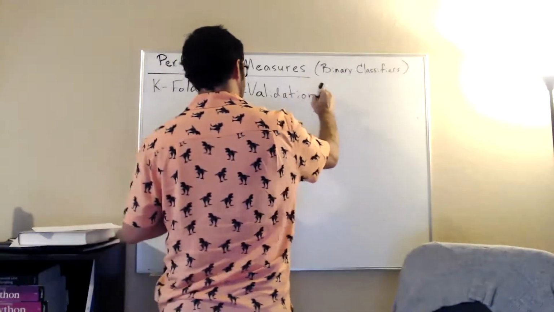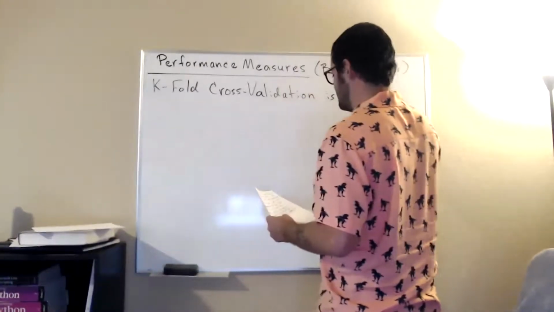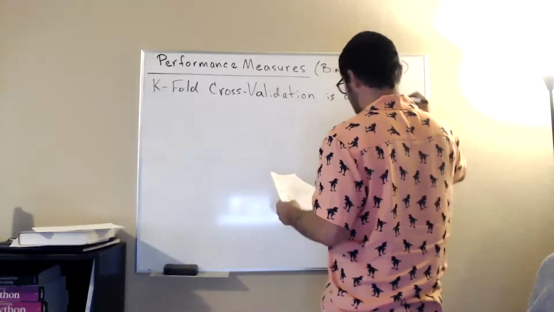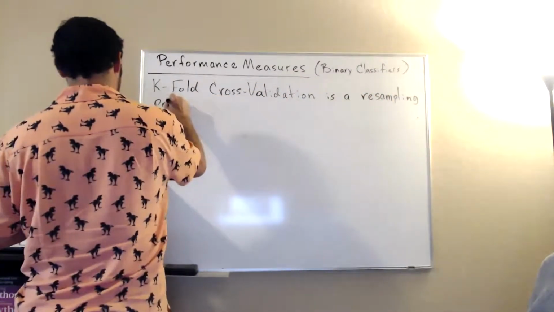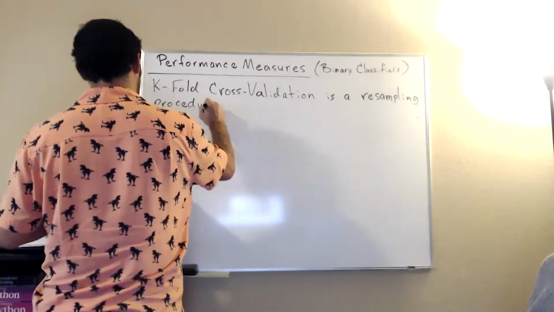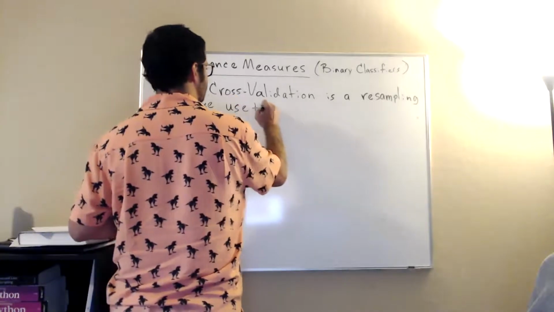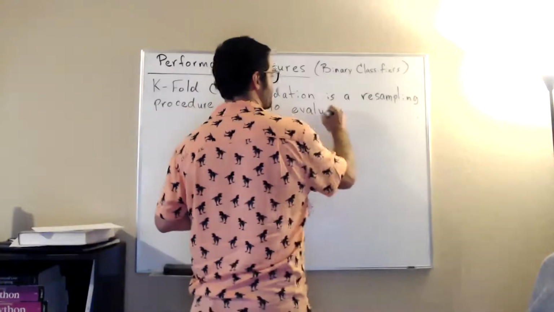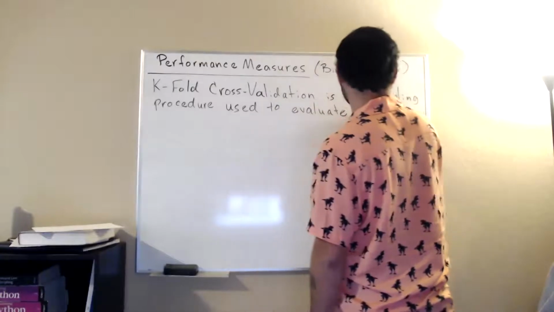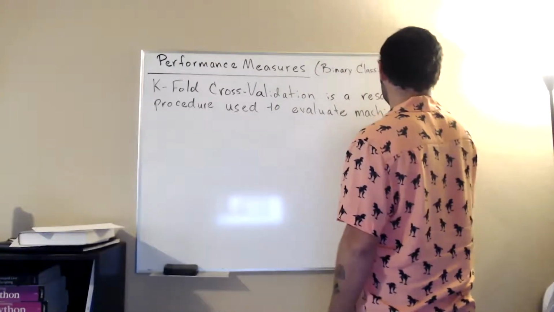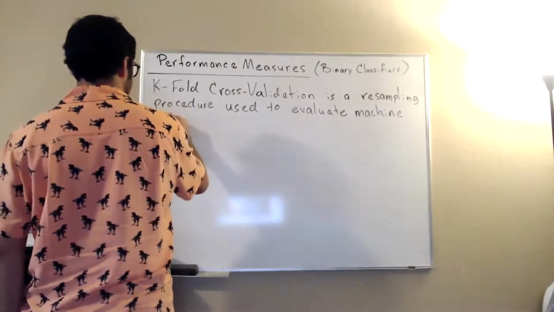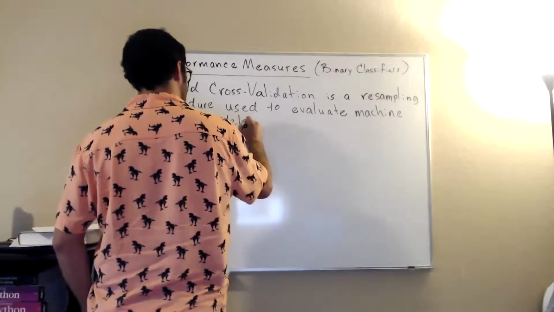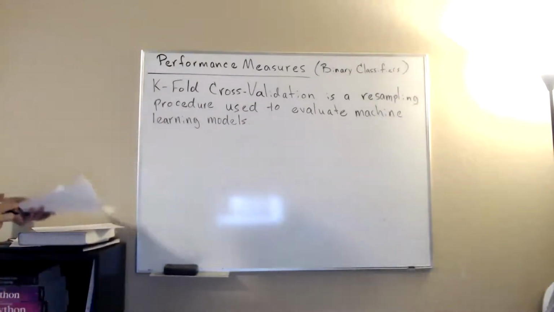Okay, so K-fold cross-validation is a resampling procedure used to evaluate machine learning models. Okay, so how does this work?